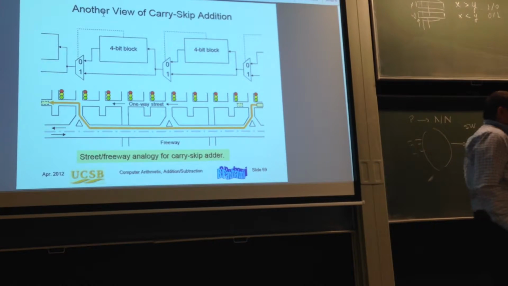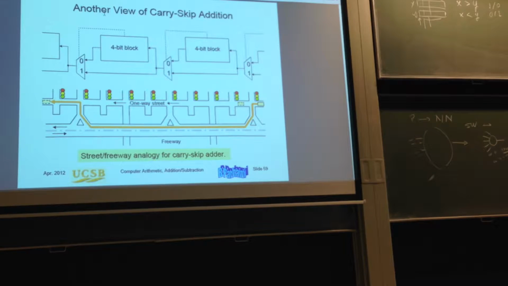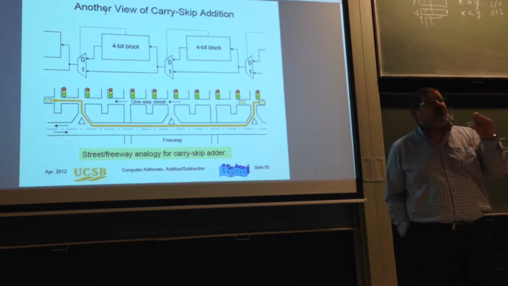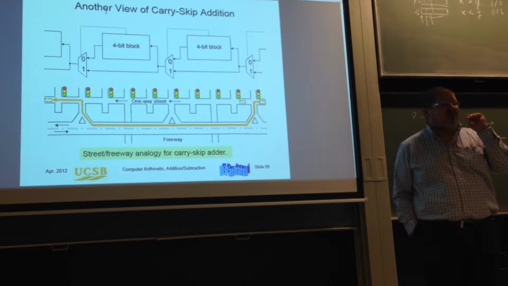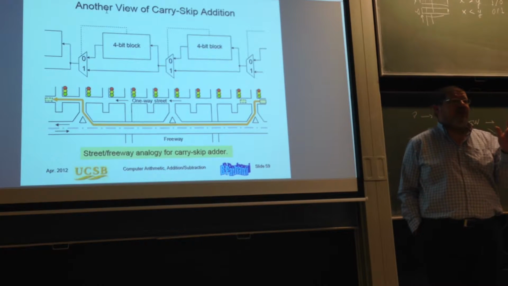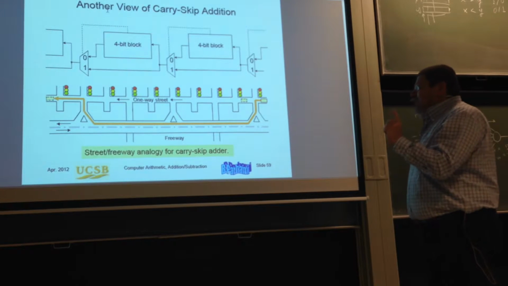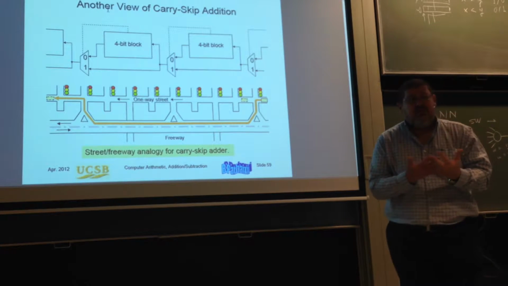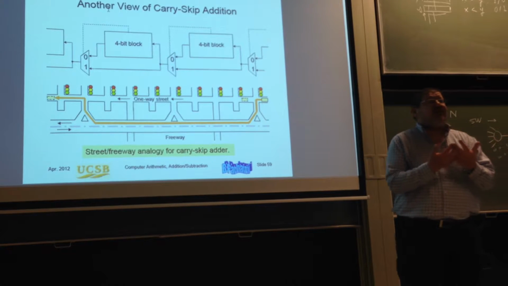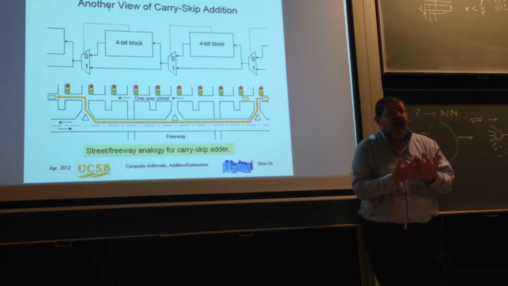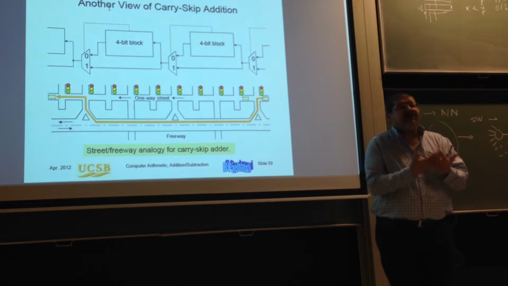Then the idea of the carry skip addition is to try to use faster roads towards the most significant bit whenever they are available. If I have a block of bits and I compute for that block the propagate for each position, I can compute now the propagate for the block.